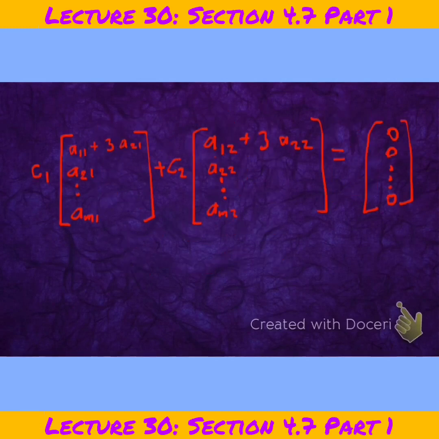So take it separately and replace the first row of each of the column vectors. All right, so from this equation we have that C1 times that plus C2 times that is equal to 0.